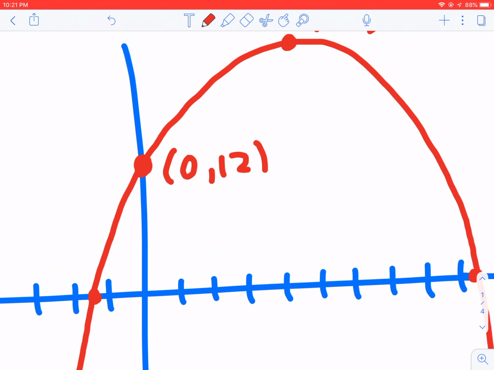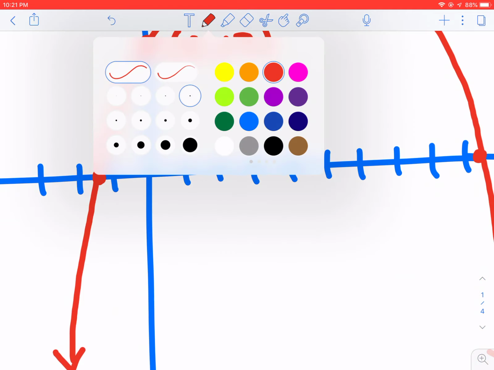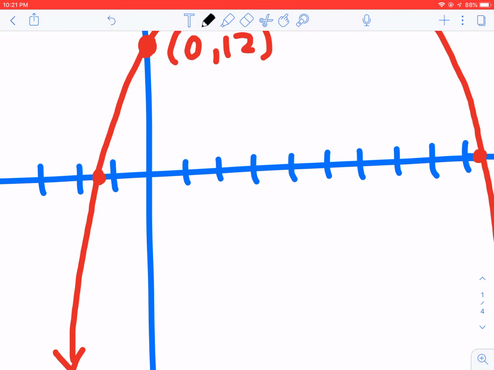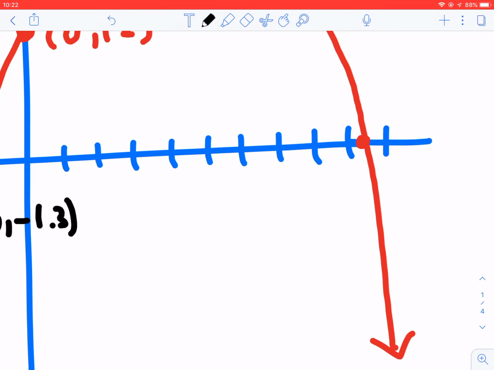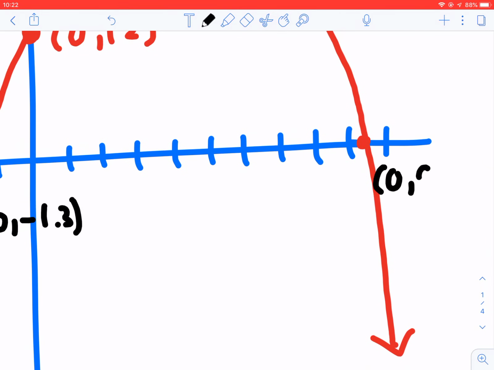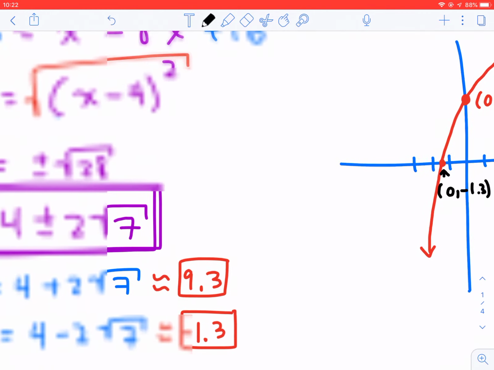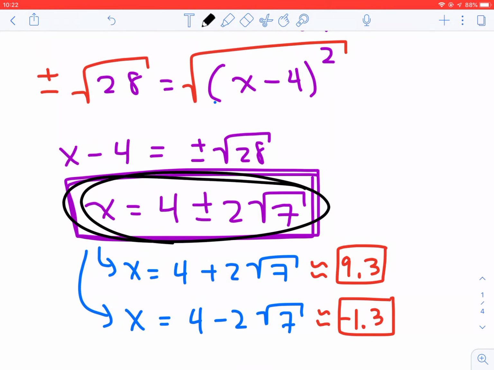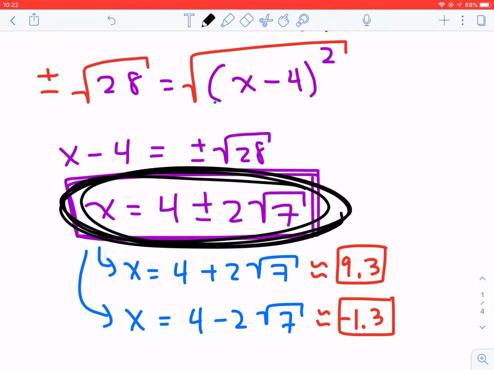So that's (0, 12) if you want. And we got our two zeros at (negative 1.3, 0) and (9.3, 0). And again, these are rounded values. The exact values are these radical forms over here.